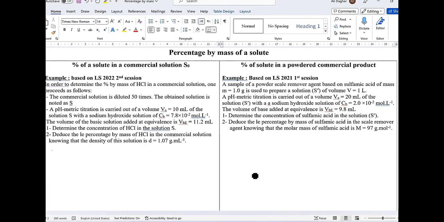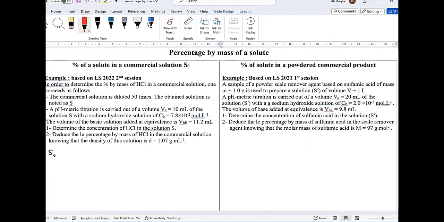We have a commercial solution S0 of concentration C0.